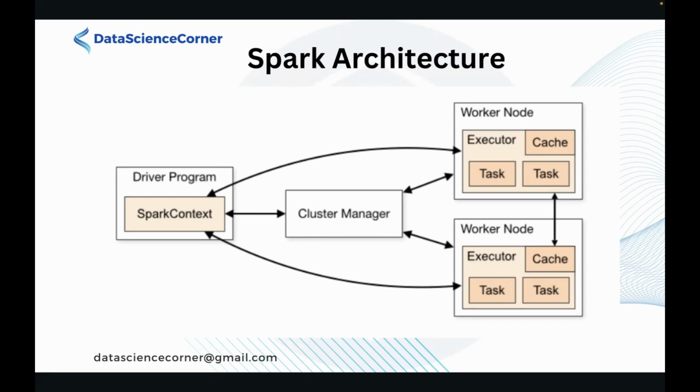On the master node of a cluster, the driver program schedules job execution and manages resources using the cluster manager. When a Spark application is submitted and executed on a cluster, the Spark context is created by the driver program on the master node. Spark context is the primary entry point for Spark functionality.